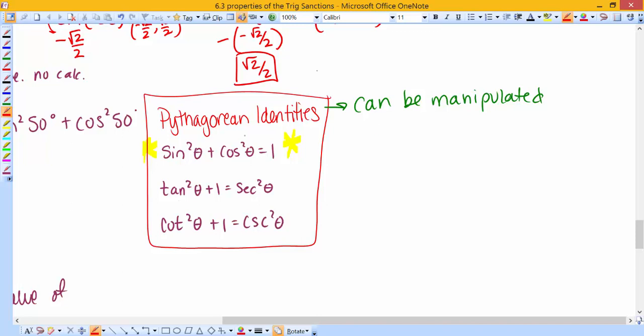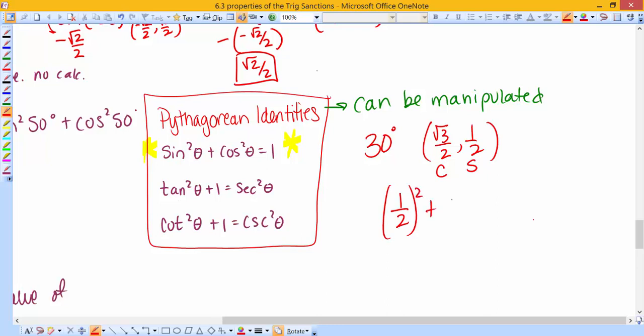So let's just go ahead and work with 30 degrees. Go to 30 degrees. Humor me. I know this is extra, but humor me. The point at 30 degrees is root 3 over 2 and 1/2. So it's sine squared theta plus cosine squared theta. Well, here's my cosine, here's my sine. So sine squared, 1/2 squared. Cosine squared, root 3 over 2 squared.